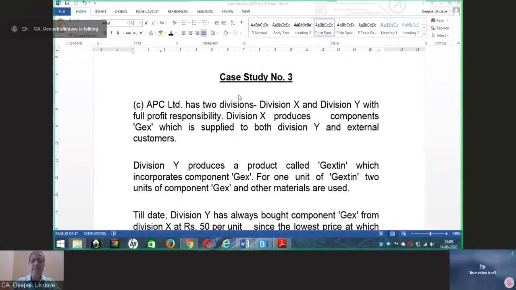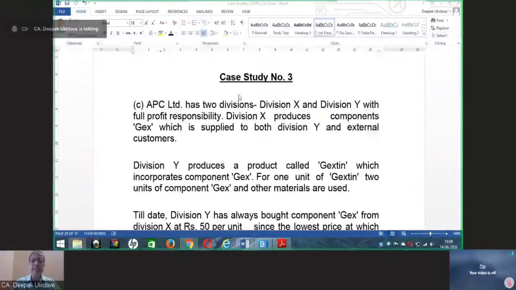All of you are aware of this typical conflict situation, where Division X is reluctant to charge anything below rupees 50, right? For the only reason that it would not like to incur a loss.